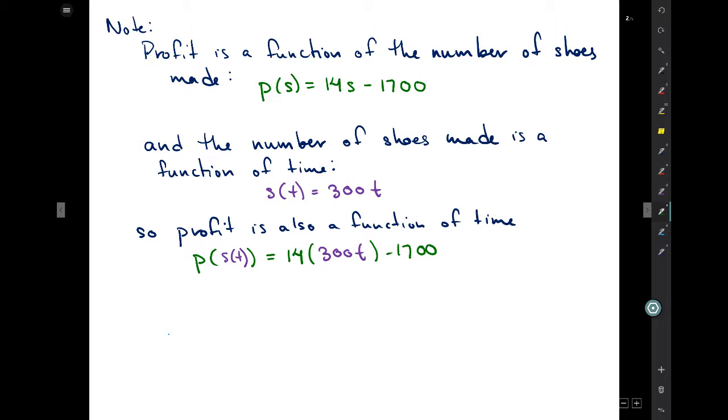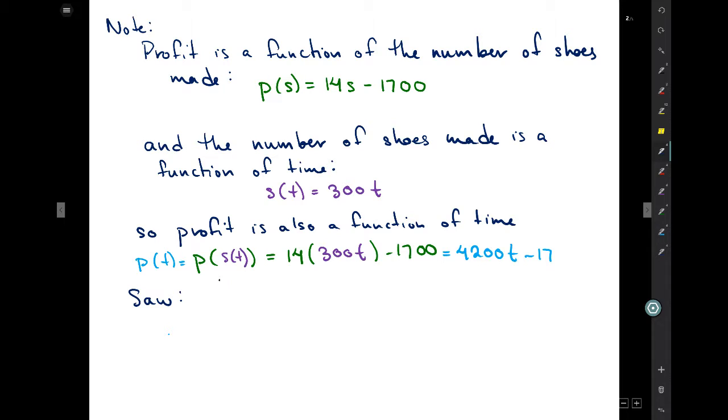And so when we look at P as a function of T, we get that P is given by, when we simplify this, 4200T minus 1700.